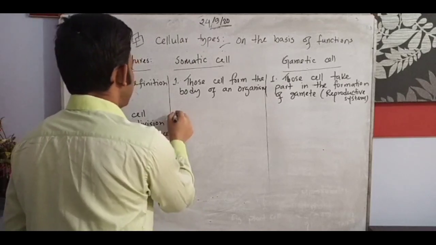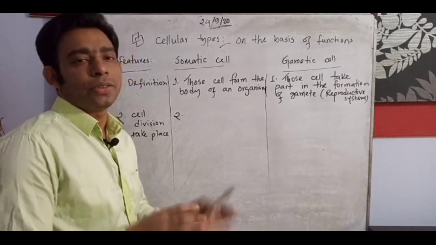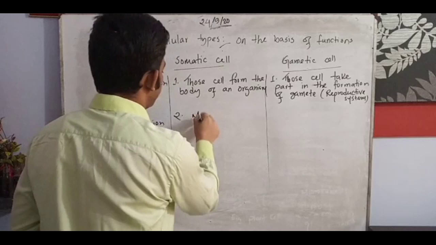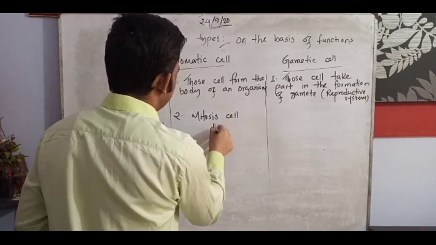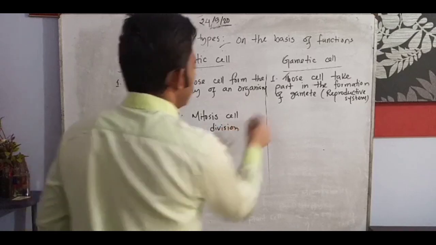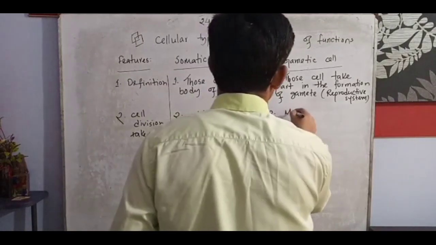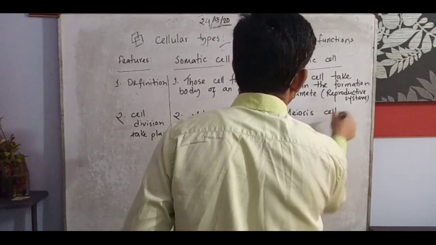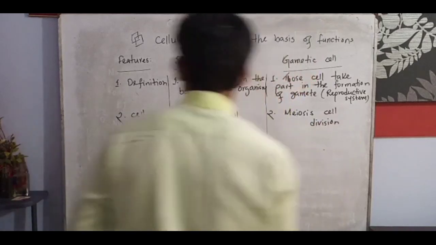Actually the somatic cell, the body cell formation, the formation of the body, directly depends on mitosis cell division. So we will write mitosis cell division. And in case of the gametic cell, it is meiosis cell division.